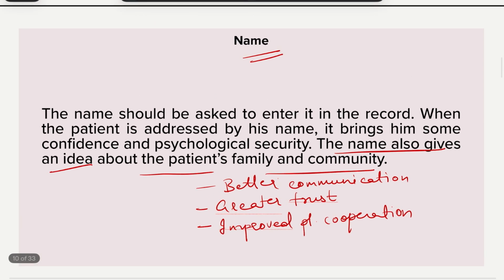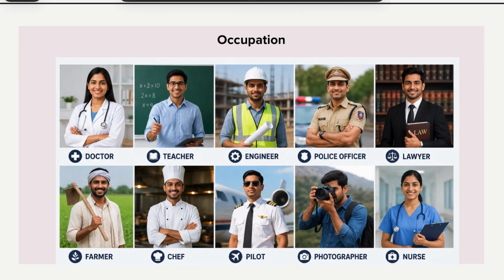Then, after the name comes the occupation. Occupation provides an insight into socioeconomic status, lifestyle, functional requirements, and aesthetic expectations. Different occupations influence denture treatment in different ways. For example, teachers and public speakers have high aesthetic demands, excellent phonetic requirements, and greater awareness of speech difficulties.